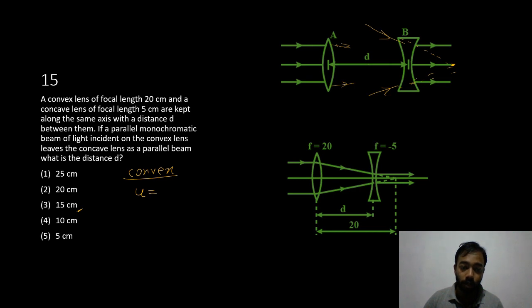The image is formed at the focal length, so if you consider the new Cartesian sign convention, the image distance should be negative 20 centimeters. You know the focal length f of a convex lens is assigned as negative according to the new Cartesian sign convention, so that is also negative 20. So you can just apply the lens formula 1/v minus 1/u is equal to 1/f.